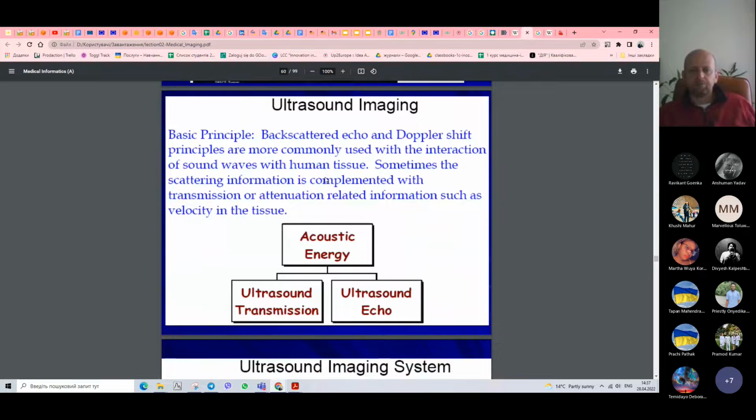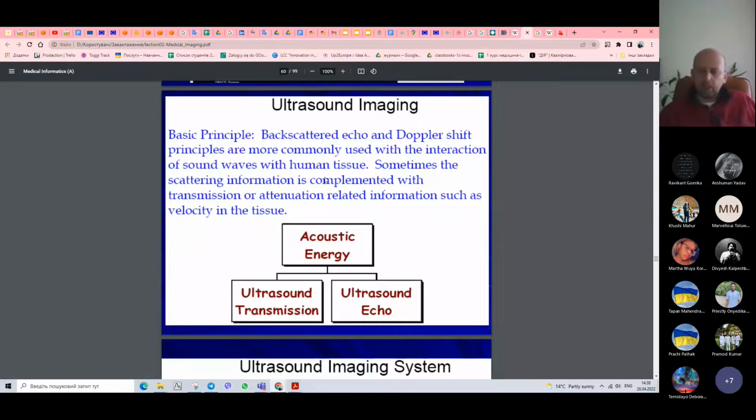Ultrasound imaging. Basic principle: backscattered echo and Doppler shift principles are more commonly used with the interaction of sound waves with human tissue. Sometimes the scattering information is complemented with transmission or attenuation related information such as velocity in the tissue.